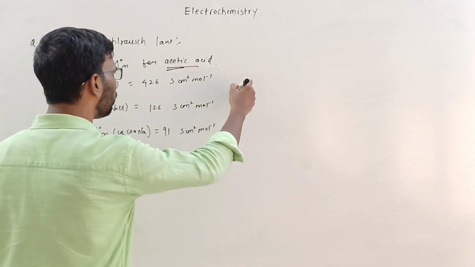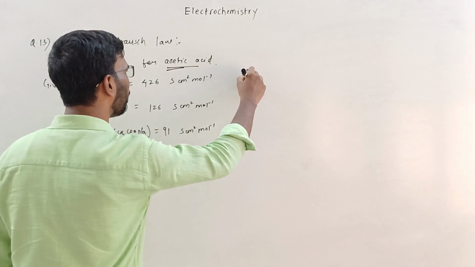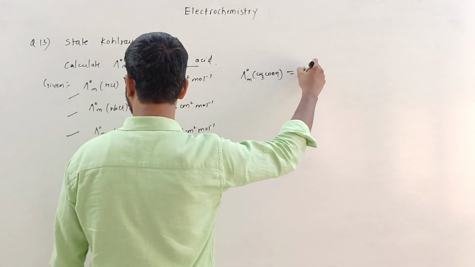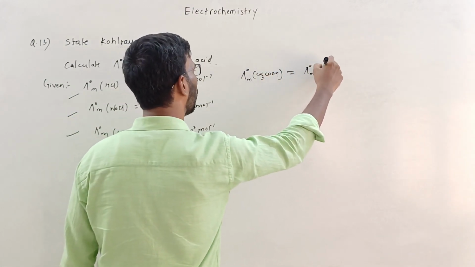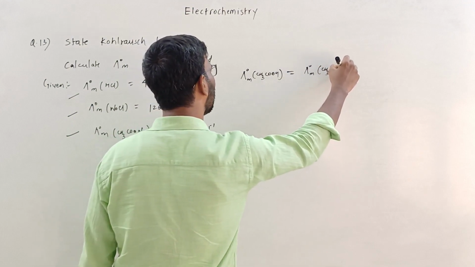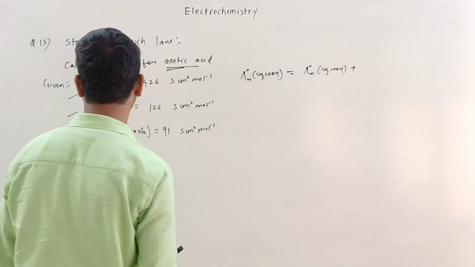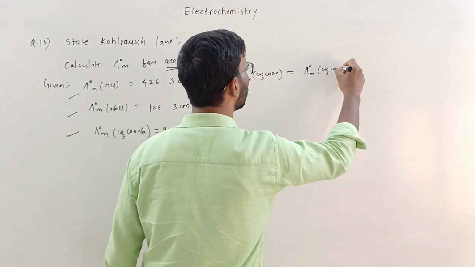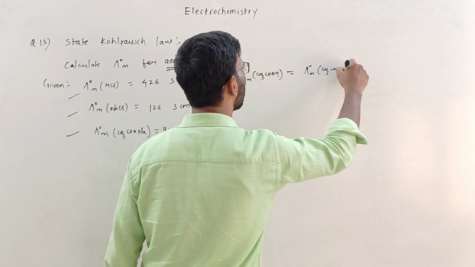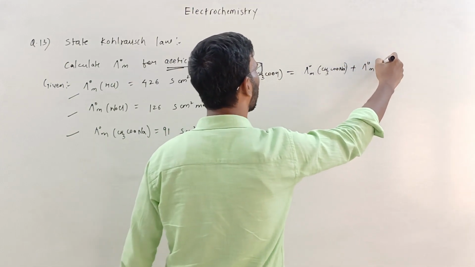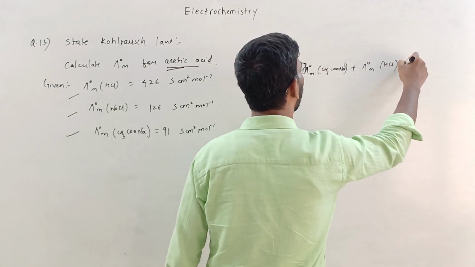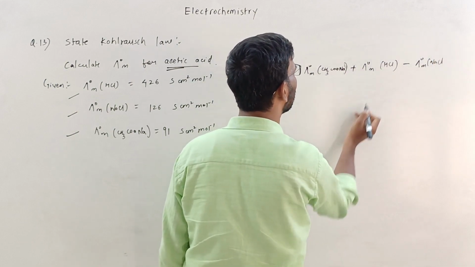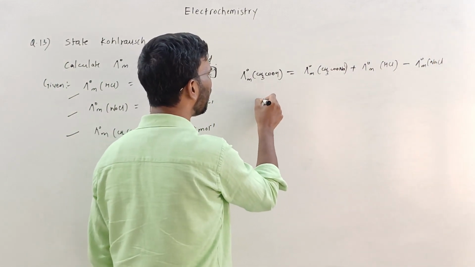So lambda naught m of CH3COOH is equal to lambda naught m of CH3COONa, sodium acetate, plus lambda naught m of HCl minus lambda naught m of NaCl, because I don't want Na and Cl from this. I'll prove this to you.